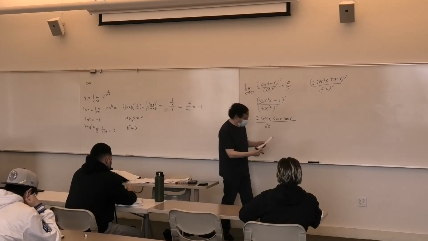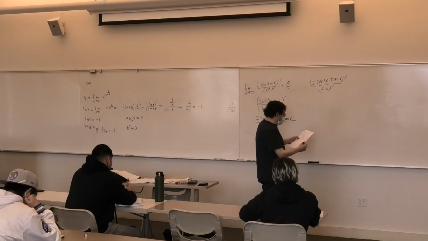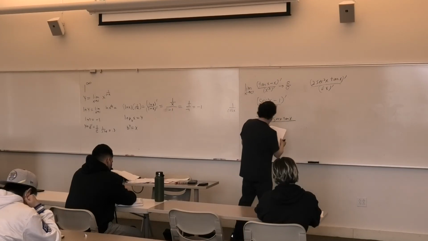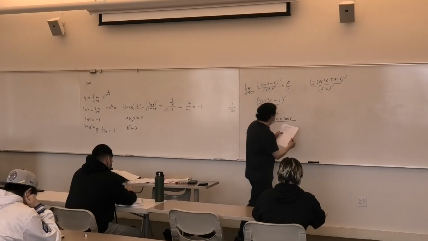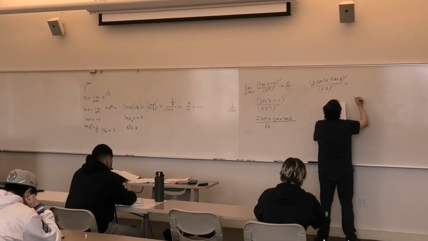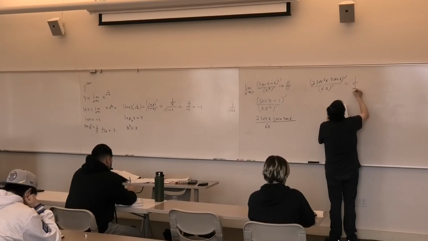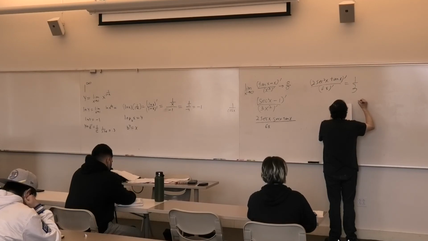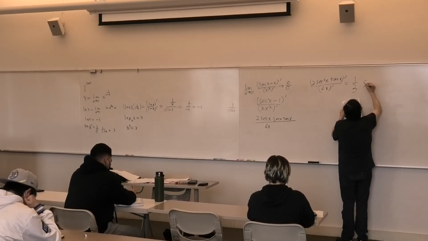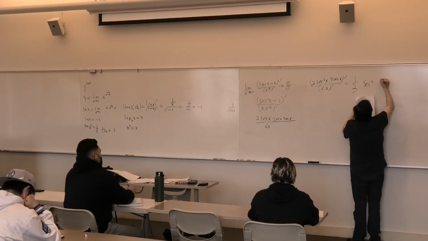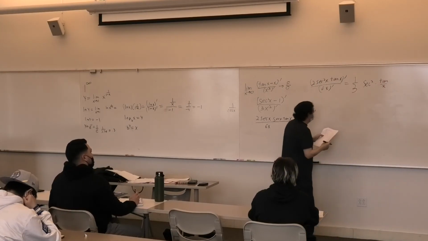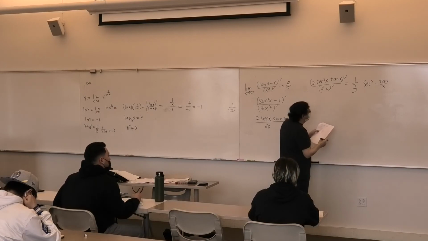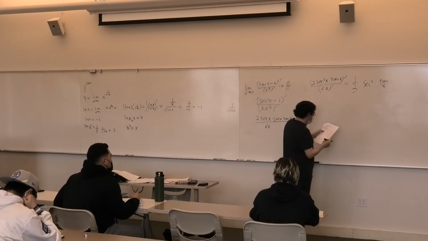Let's try and simplify this. My notes tell me I want to rewrite this, take out constants, and this is secant squared times tangent over x. I want to find that limit.